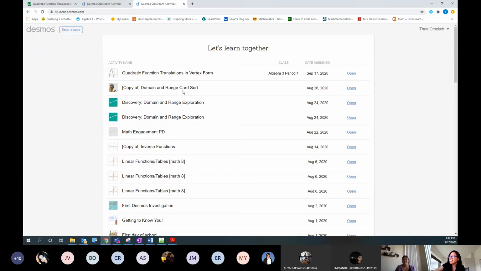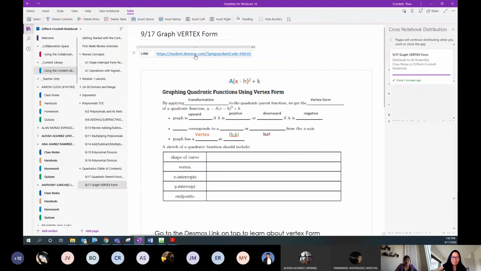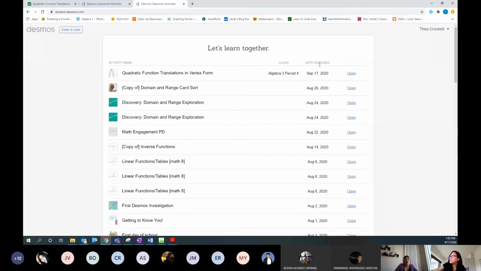So yeah, it doesn't need a code. Is it that HKH3TR one? Yes. You have to go to the link though. There's the link, and it's gonna give you this page. And this page has all the other activities. You're gonna click on the one on the topmost. So Miguel, that HKH3TR is our new classroom.